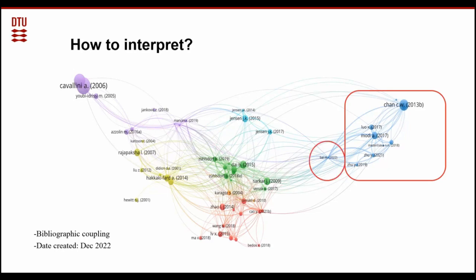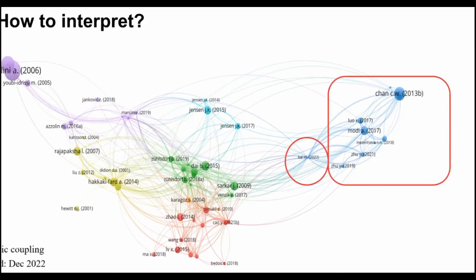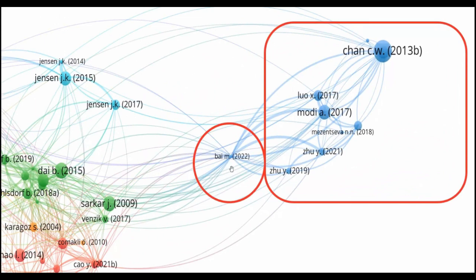And the other one is this small circle. Because we generated it in December 2022 and this paper was published in 2022, the same year, the size of the circle is small because the size represents the citation, and the total citation that paper received was low.